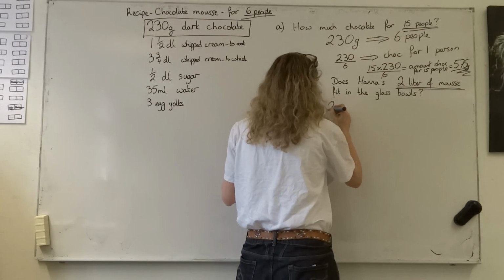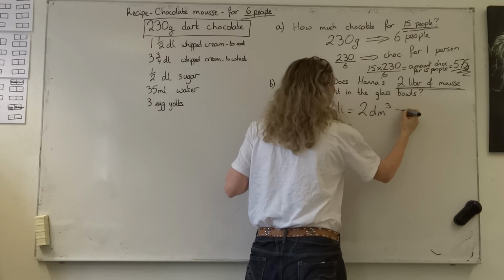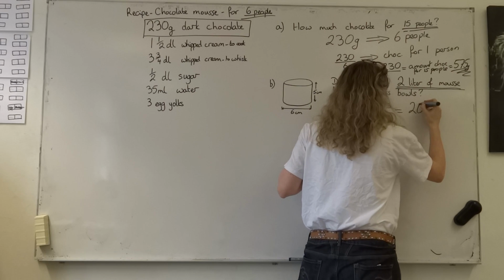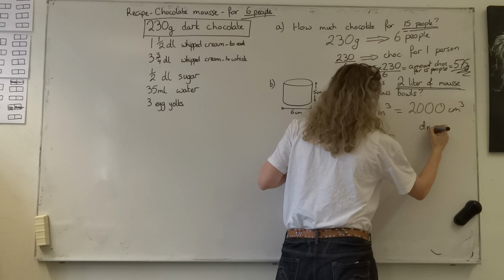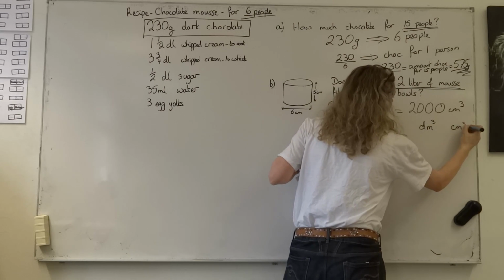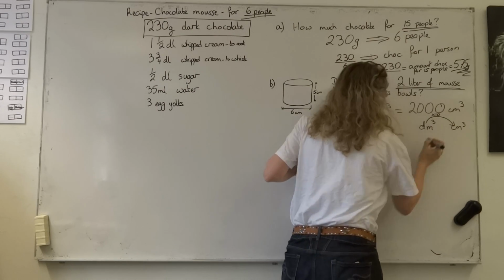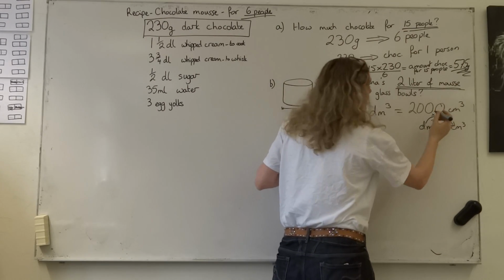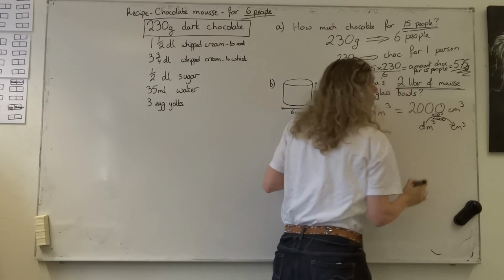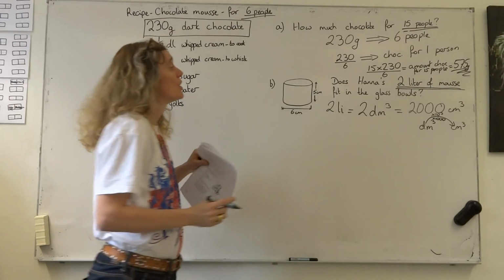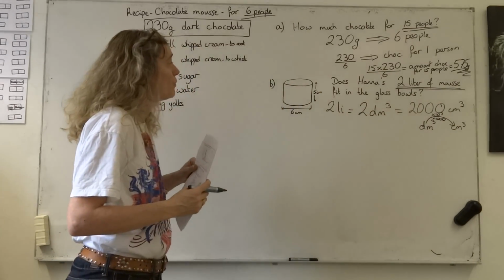We know that 2 litres is the same as 2 decimeters cubed, which is the same as 2,000 centimetres cubed. Remember, decimeters to centimetres would be multiplied by 10, but decimeters cubed to centimetres cubed would be multiplied by 10 cubed, which is the same as multiplying by 1,000. So we are going to produce 2,000 centimetres cubed of mousse.